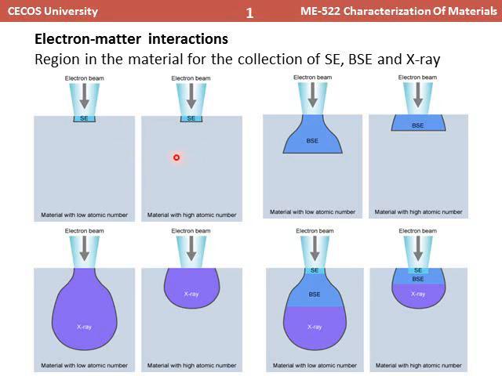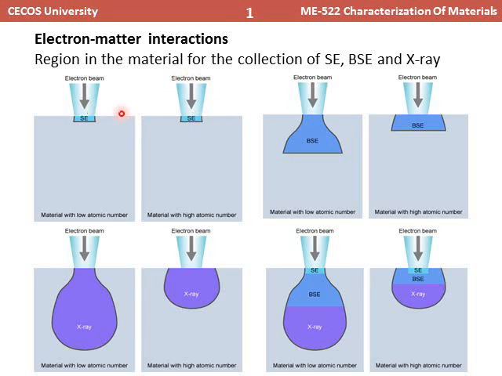In both cases, for secondary electrons, they are the same, because we are only dealing with the surface atoms and nothing more. The beam of electrons imparts energy to the surface atoms of the low atomic number or the high atomic number, and then electrons from the outermost shell of the atom will be knocked out.